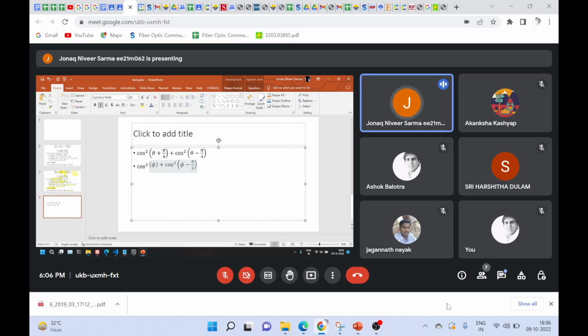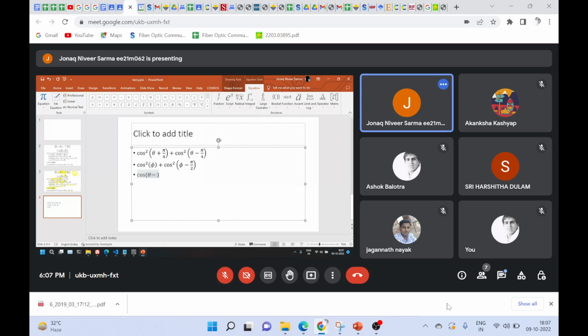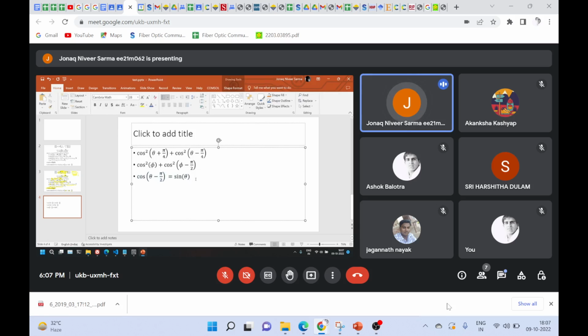And here I use, here you're supposed to use this. This is how the sums will collapse. This will remain as some cos square, and this will just become some sine square. Cos square plus sine square equal to 1.